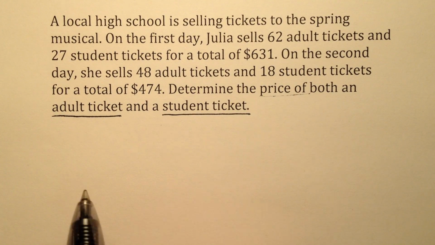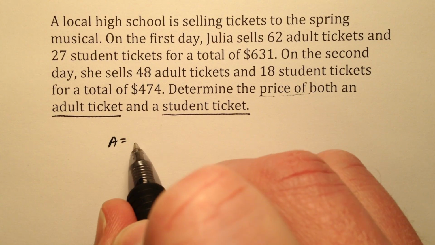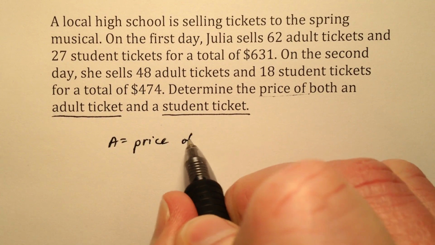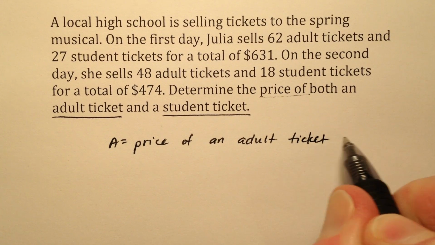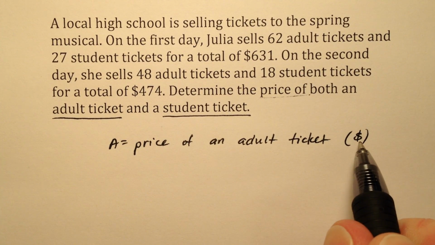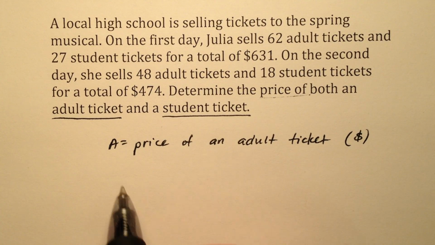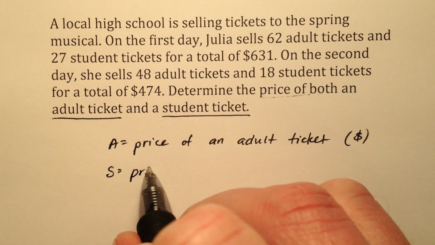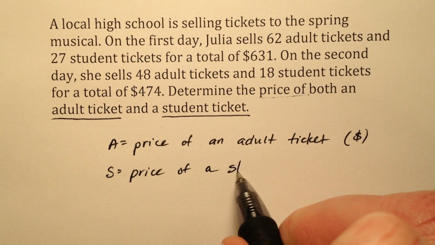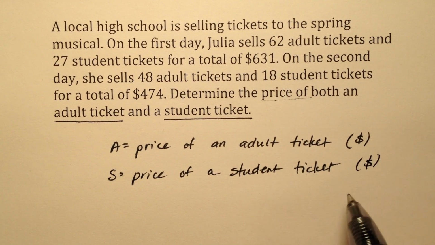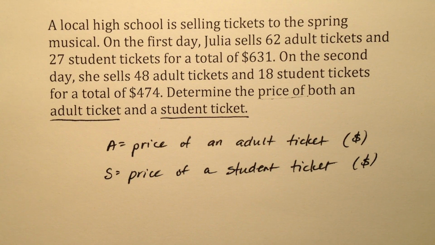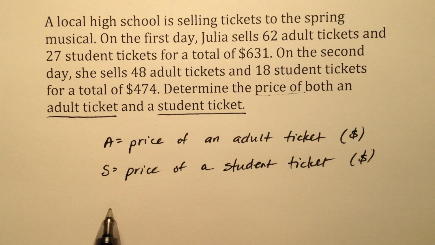So when I define these variables, A could be the price of an adult ticket, and in parentheses I'm going to put a dollar sign because those are the units we're using to measure this variable A. And S is going to be the price of a student ticket, and again, I'm going to put a little dollar sign in parentheses, indicating that that's going to be the units on my S variable. Okay, so let's look at writing a couple of equations based on the information we're given.